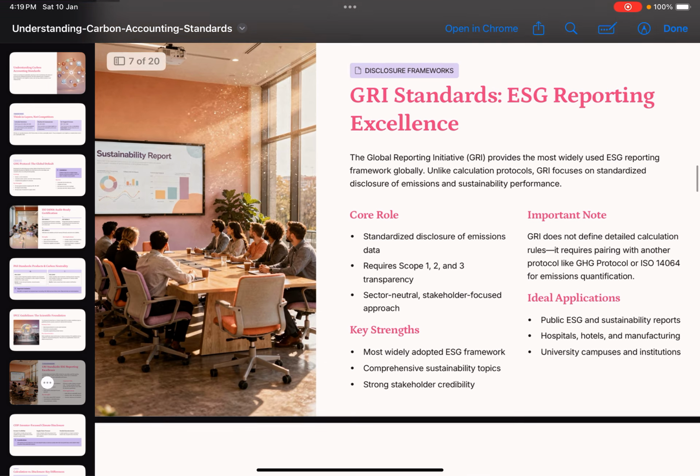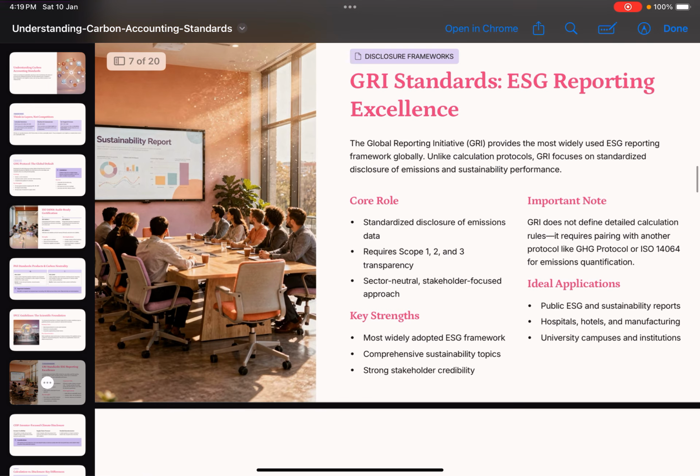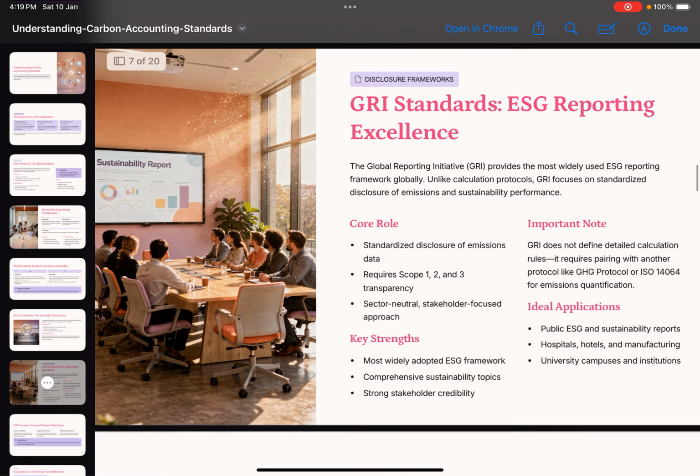GRI standards, as I said, is about the Global Reporting Initiative, and they are most widely used for ESG reporting globally. Unlike the calculation protocols, this is more focused on reporting, that is, disclosure of emissions and disclosure of sustainability performance.